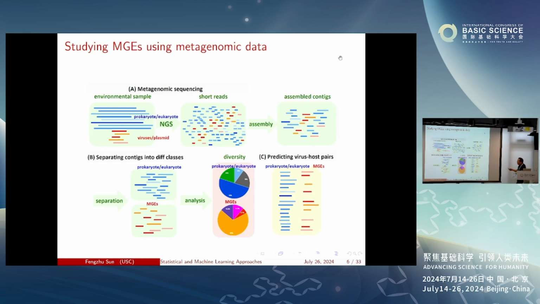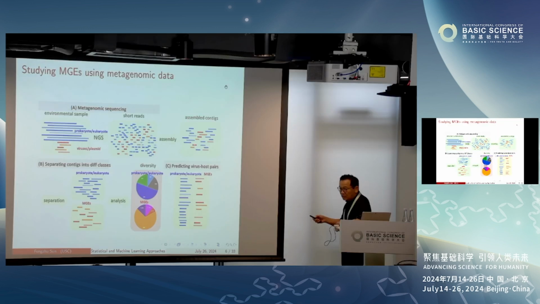Those are the contigs, and this can be 1,000 base pair long, and some of them can be tens of thousands or hundreds of thousands base pair long. So those are the starting point for our study. Each of these contigs are just sequences, ACGT, and so on. And now the question is, we want to ask, what are these sequences?